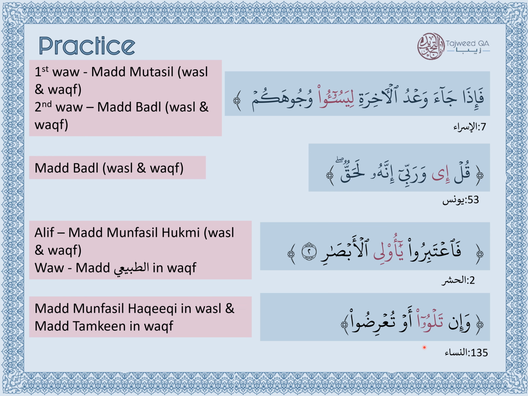So here we can see that the hamza is in the following word and not in the same word, so therefore we say it's mad munfasil haqiqi in wasl, in continuation, and in stopping it's mad tamkeen, because we have a waw madiyya and a waw mutaharrik next to each other. So in continuation, وَإِن تَلْوُوا أَوْ تُعْرِضُوا, and in stopping, وَإِن تَلْوُوا.